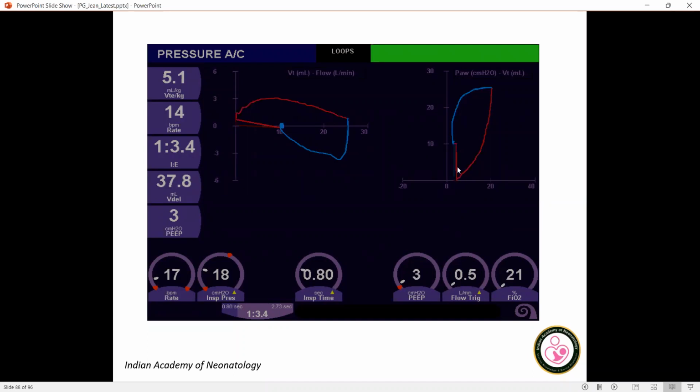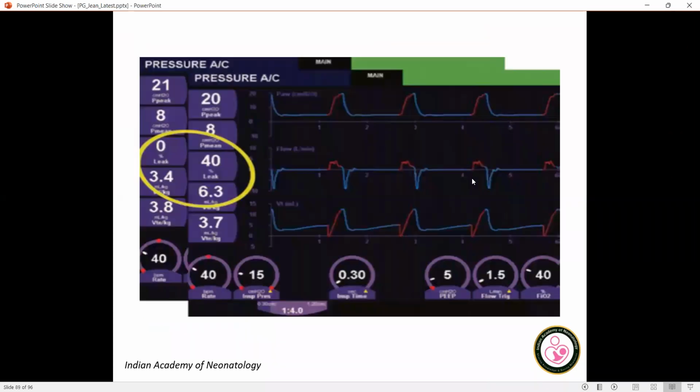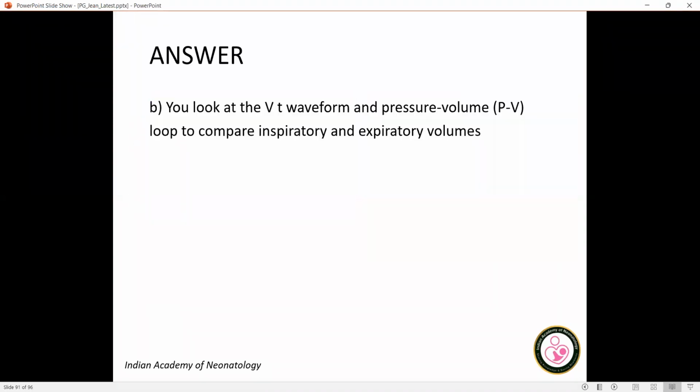This is actually the ventilator drawing this line. So it is like this from here to here. Both of these are showing air leak. In the volume waveform also we can see the air leak. We can see that the expiratory limb of the volume is not touching the baseline, the shoulder cliff. You can see that cliff pattern. So that is the answer.